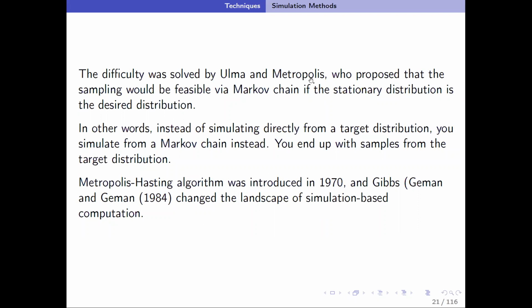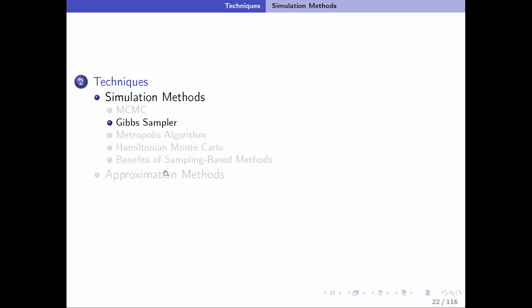All right, so the genius is to say you can construct a Markov chain that has nothing to do with directly sampling from a distribution, but you end up getting what you want. They certainly didn't tell you how to do it, and that's where the Gibbs sampler comes in.